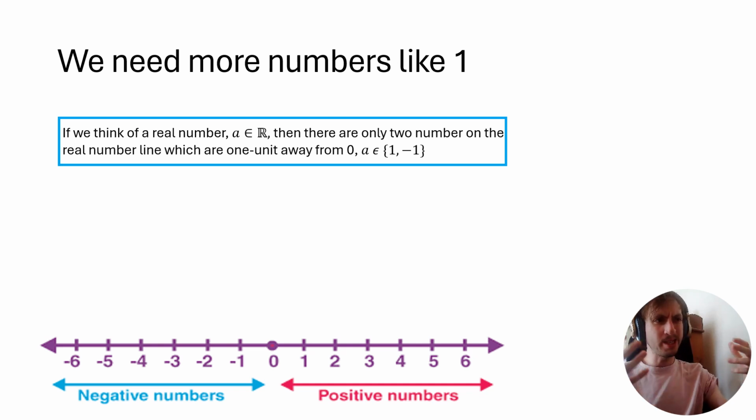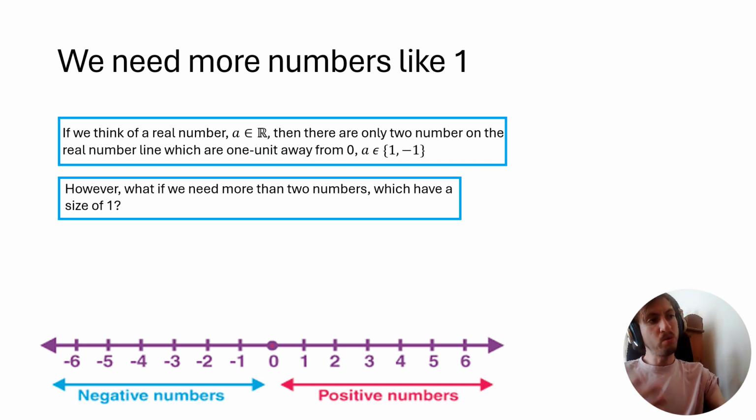And this is slightly too restrictive, because our universe contains multiple spatial dimensions, and that means that we actually need more than just two numbers which are 1 unit away from the number 0.